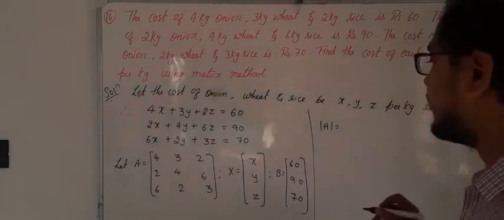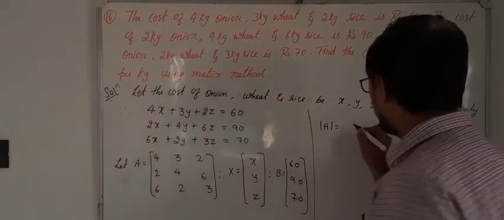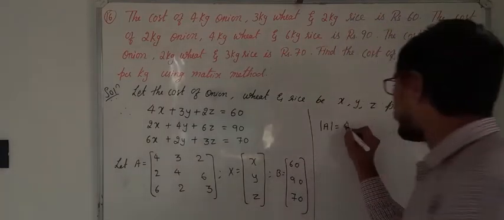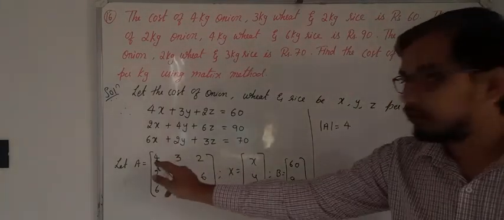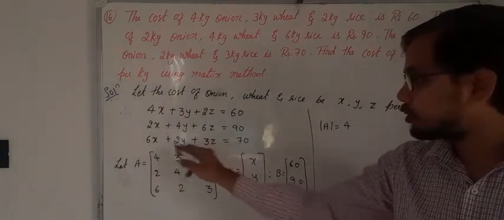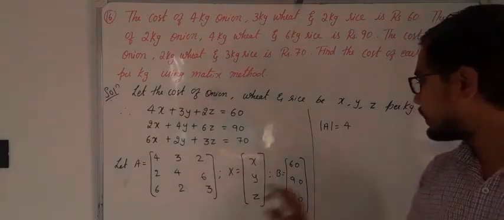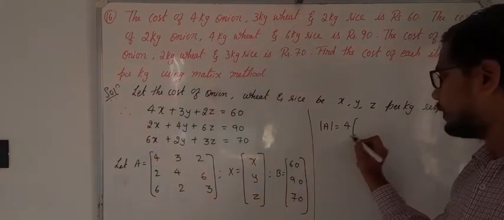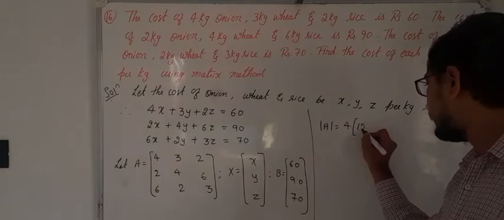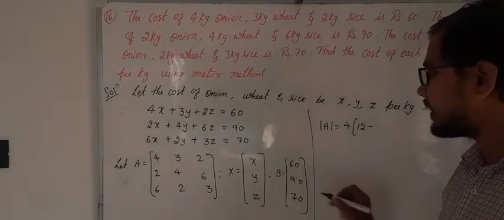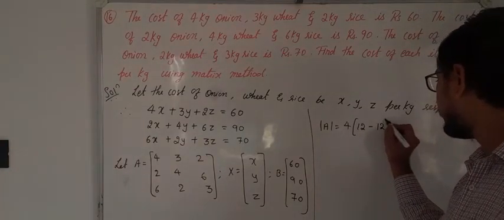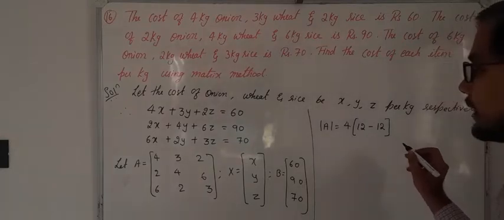Right? So determinant A, solving through the first row, that is 4 into, leaving the row and column containing 4, leaving the first row and first column, 4, 6, 2, 3. Right? 4 into 3 is 12, minus 2 into 6 is 12. Right?